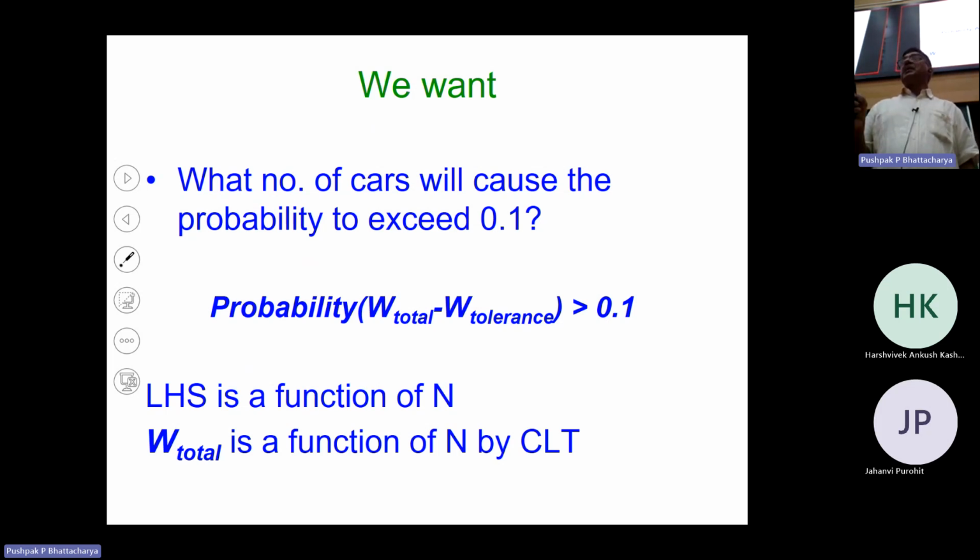What we want is that the probability of W total exceeding W tolerance should be less than 0.1, if n cars are allowed on the bridge. Or we want the probability of W total being less than W tolerance to be very high, 0.9. So this is the probabilistic formulation.